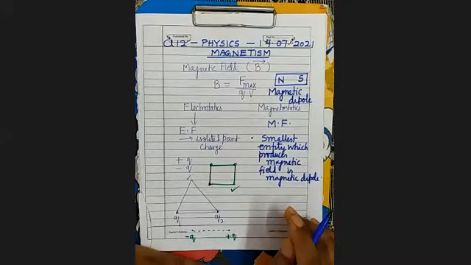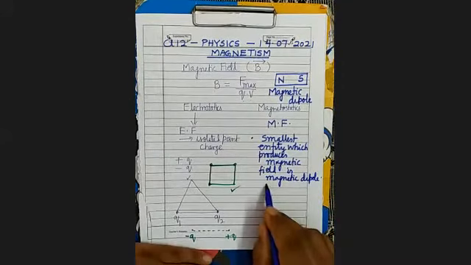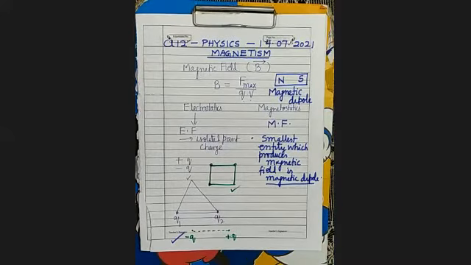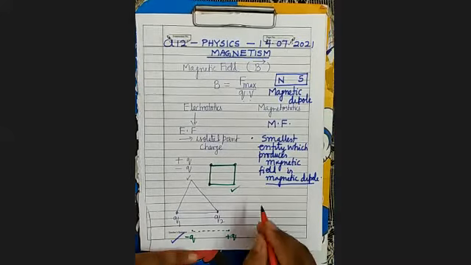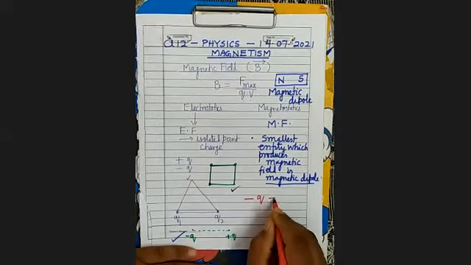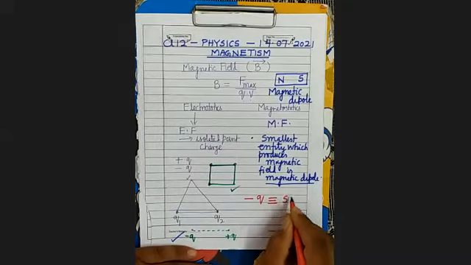So see here, the magnetic dipole is equivalent to the electric dipole. Now there is one more thing. Here we assume that the negative charge is equivalent to the south pole.